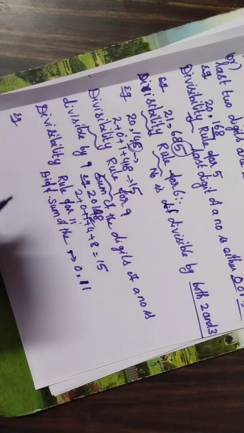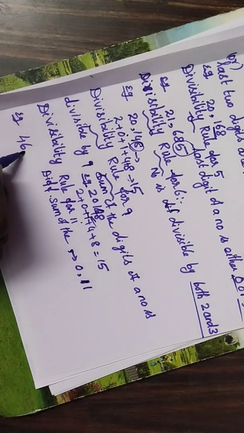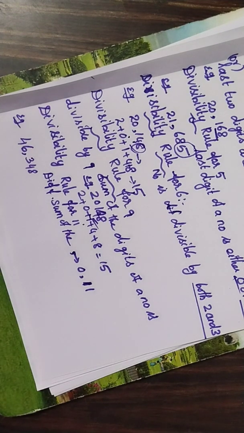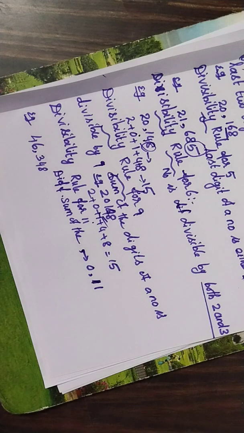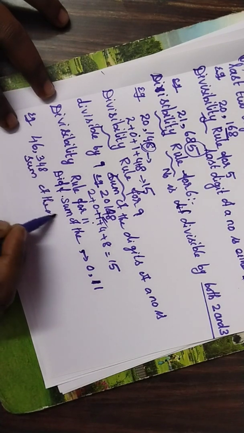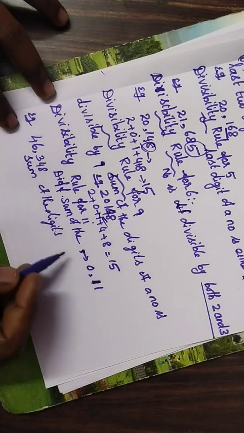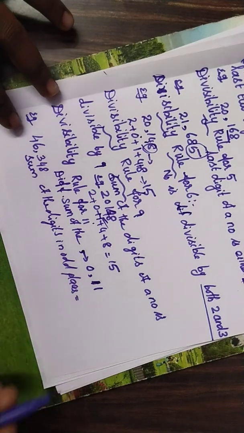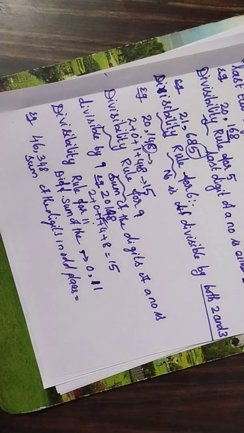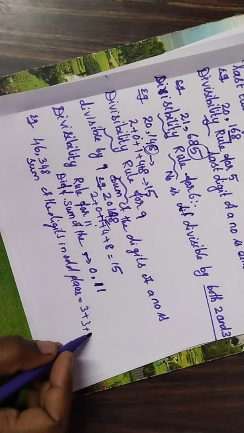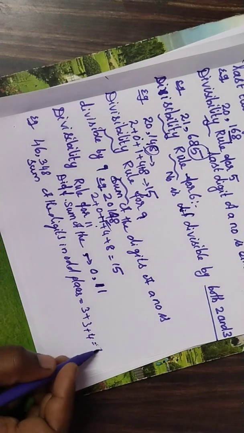For example, 3,146. First you find out the sum of the digits in odd places. Here the odd place values: 3 plus 4 is equal to 7.